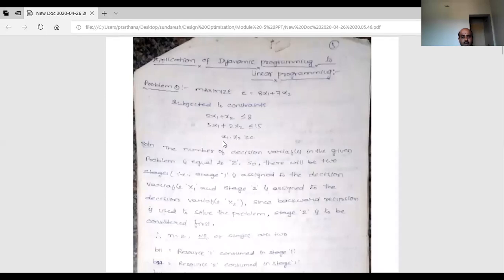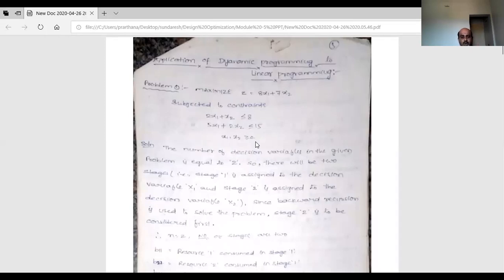The general constraint is that x1 and x2 should always be greater than or equal to 0. X1 and x2 are non-negative numbers.